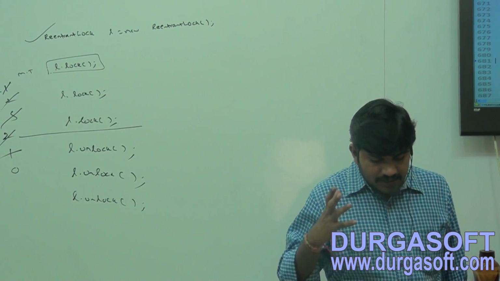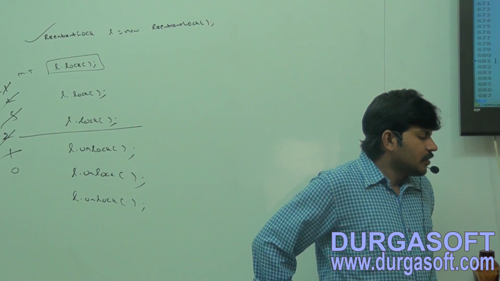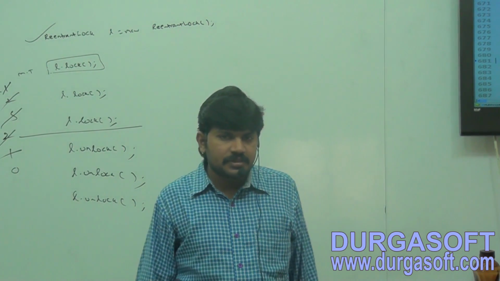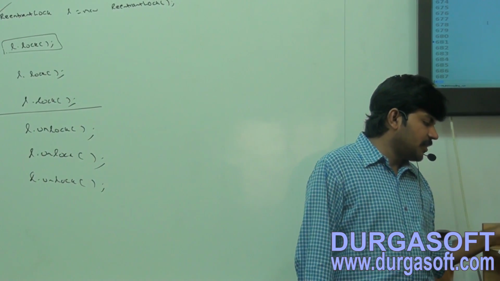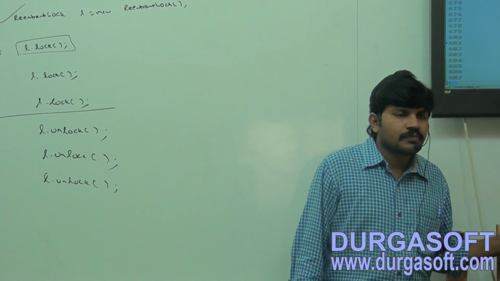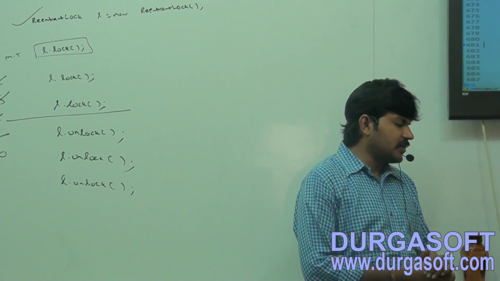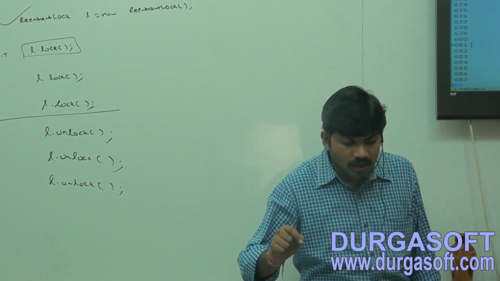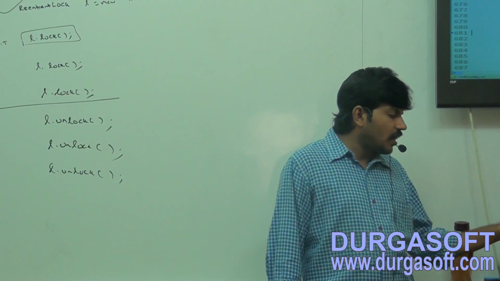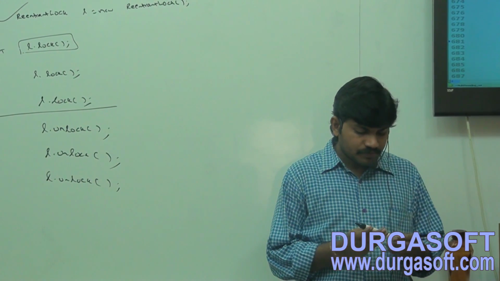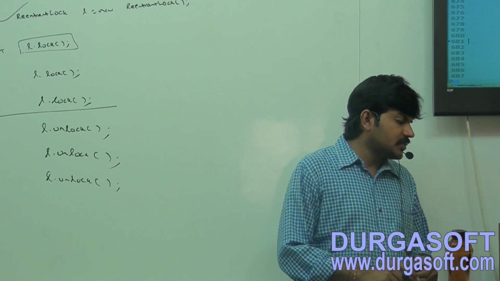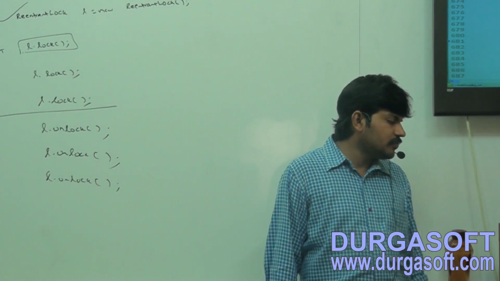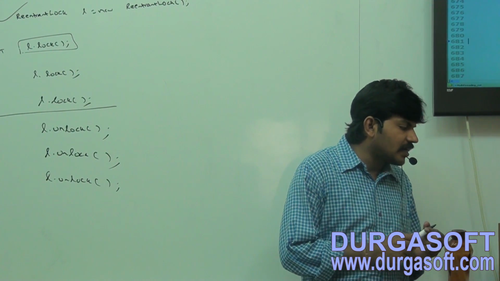Next up, internally, re-entrant lock increments the thread's personal count whenever we call the lock method, and decrements the count value whenever the thread calls the unlock method.